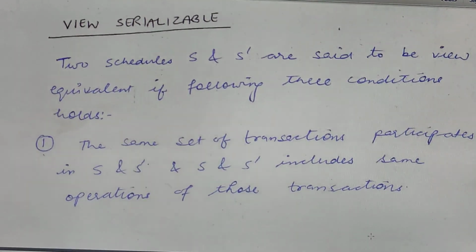What it means is, if we are converting a schedule S into S dash, then we will say S and S dash are view equivalent only if the number of transactions and the set of transactions is the same in both the schedules. If I am having T1, T2 and T3 in S, then in S dash as well I should be having T1, T2 and T3, right?